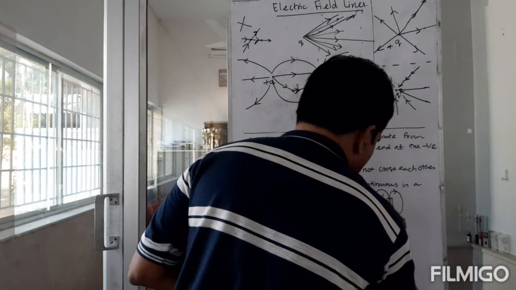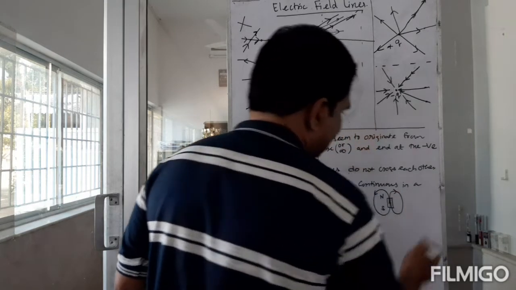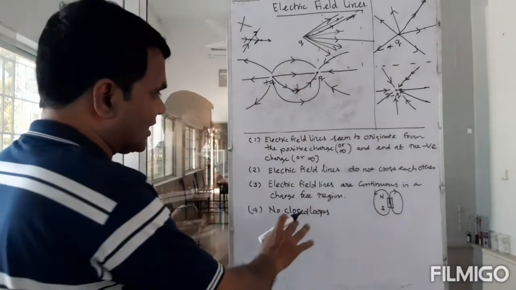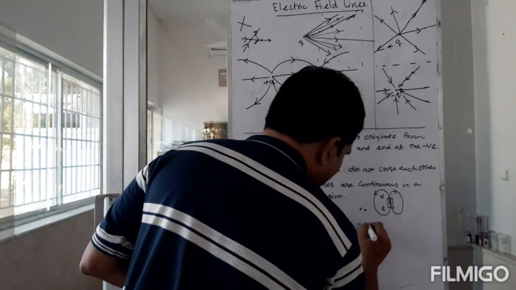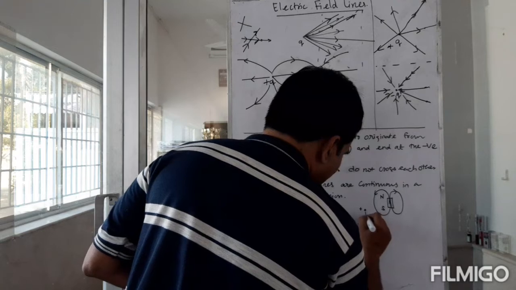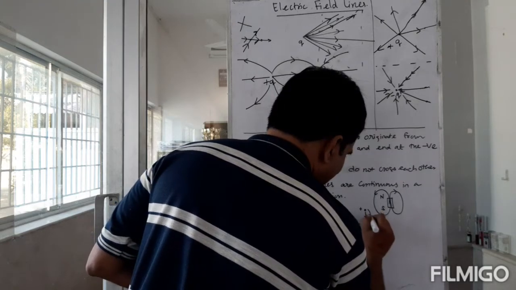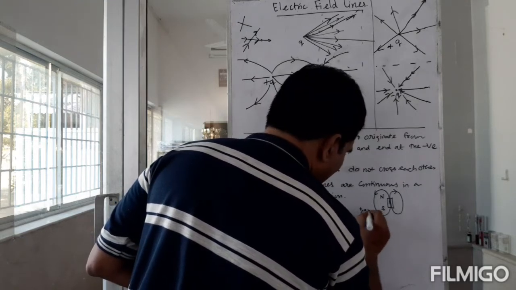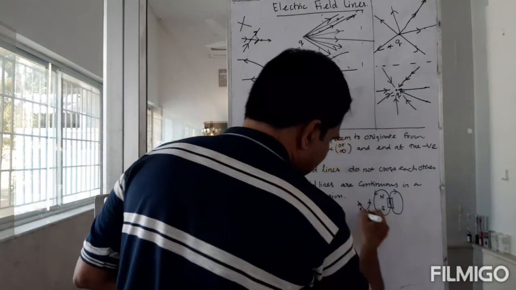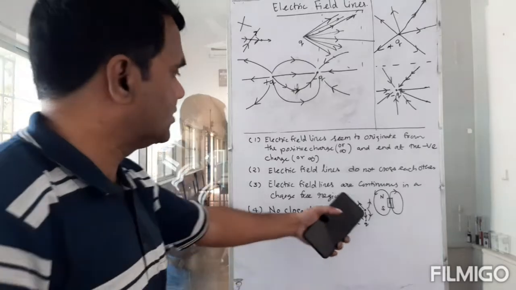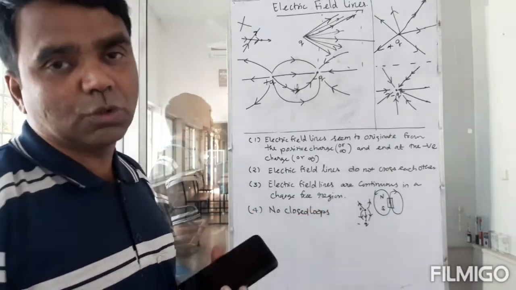They form a closed loop in the magnetic case. But here that is not true, because you take a positive charge and then you have a negative charge here. It's like that. There is no closed loop. There is no continuity here. There is discontinuity there, so no closed loop will happen.